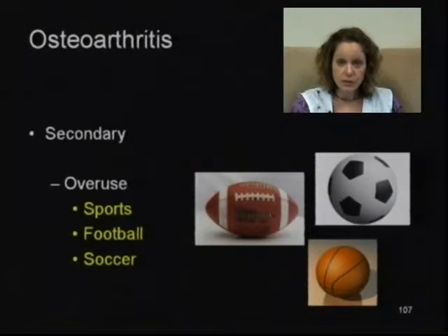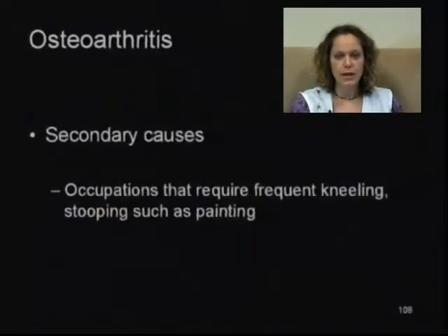Also overuse. So for example, sports injuries, football, soccer, high impact sports can cause osteoarthritis over time. And occupations as well. Occupations requiring frequent kneeling, stooping, such as painting, have a higher incidence of osteoarthritis.